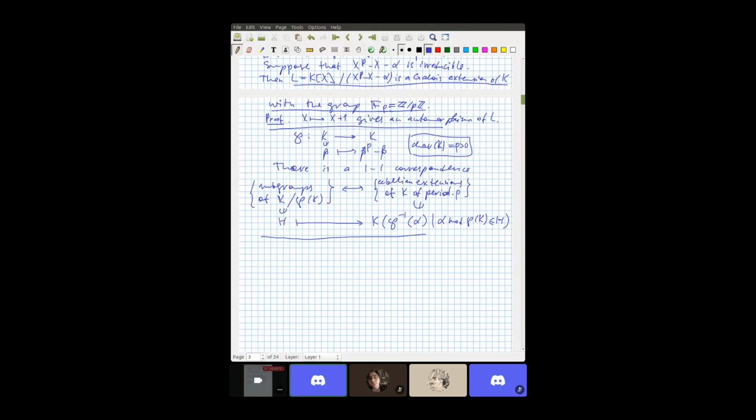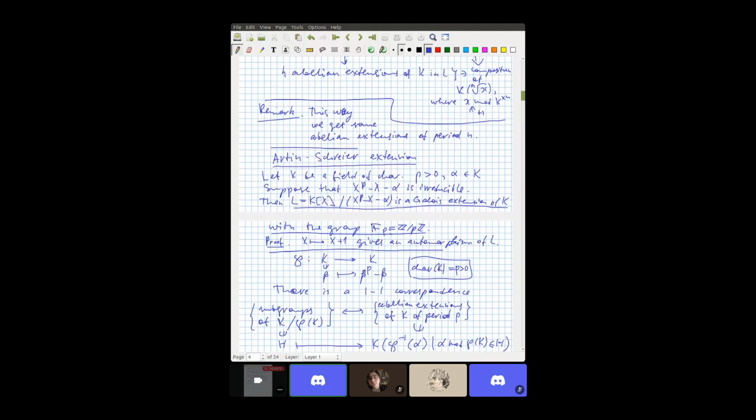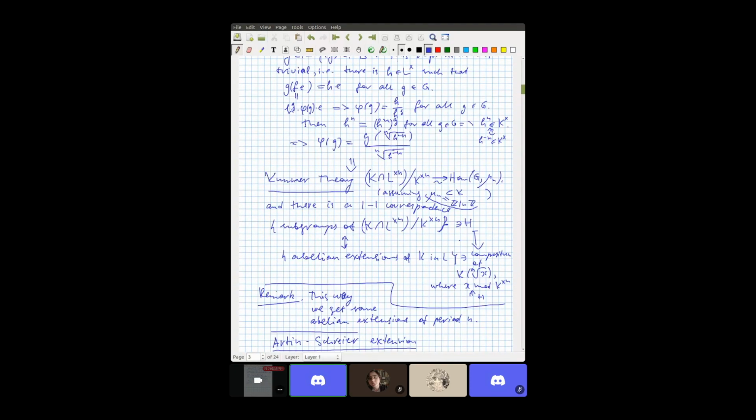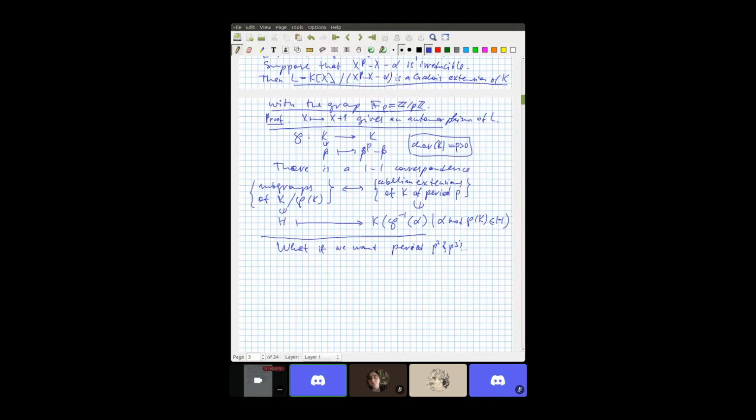So you might ask what can we do if we want to consider extensions of period p squared, or some other power of p, p cubed? Well, we have not proved this so far.